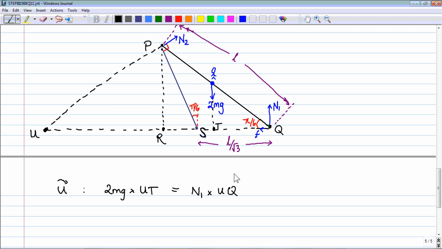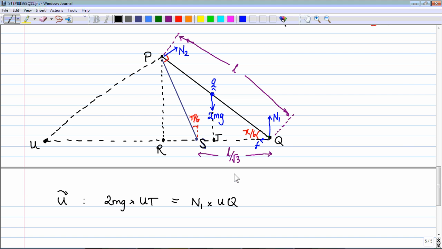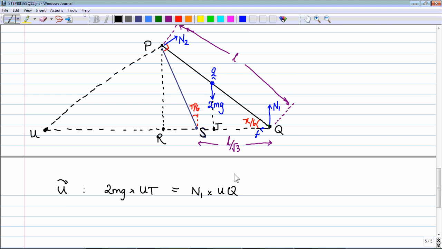So that angle is pi over 6. Let's do some angle chasing here. That angle is also pi over 6. Okay, so that angle is pi over 3.